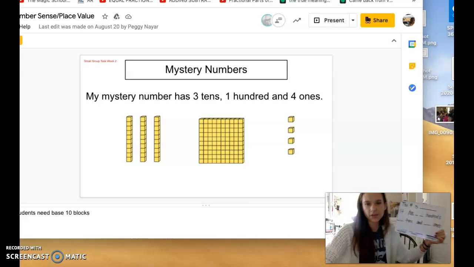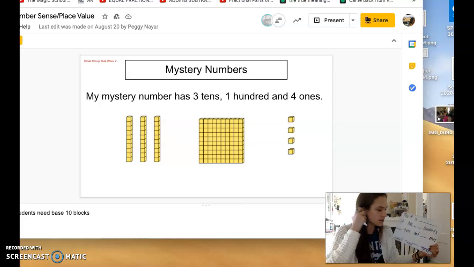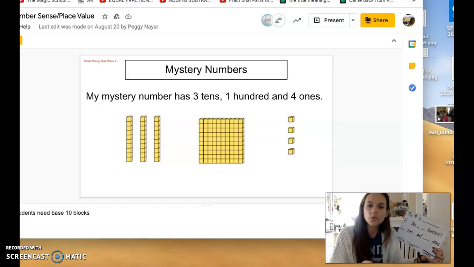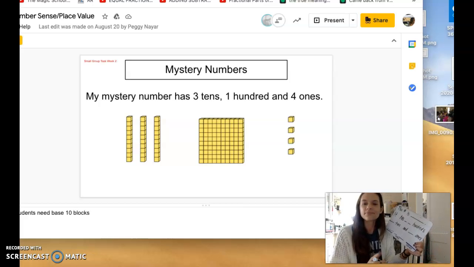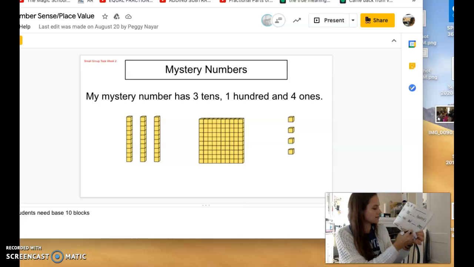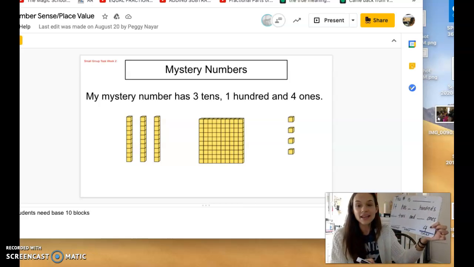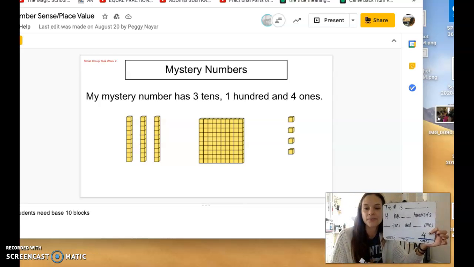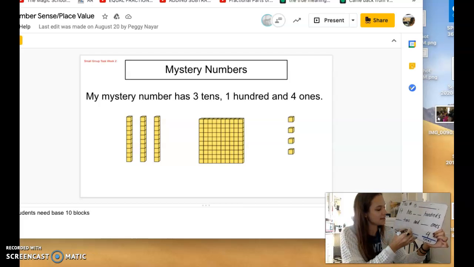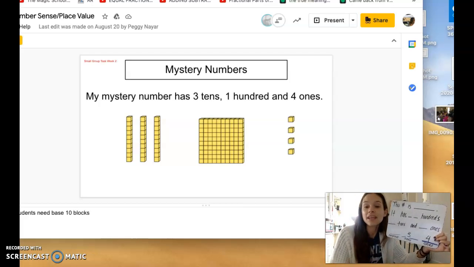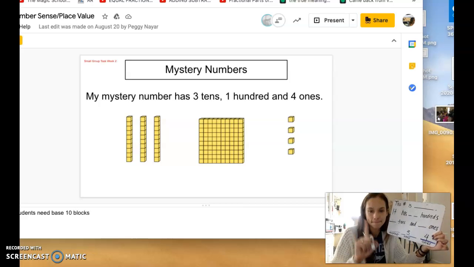If you look at that picture, we can start with ones. How many ones are there? Whisper it to me. 4 ones, right? How many tens are there? Whisper it to me. 3. 3 tens. Okay, and how many hundreds do you see?